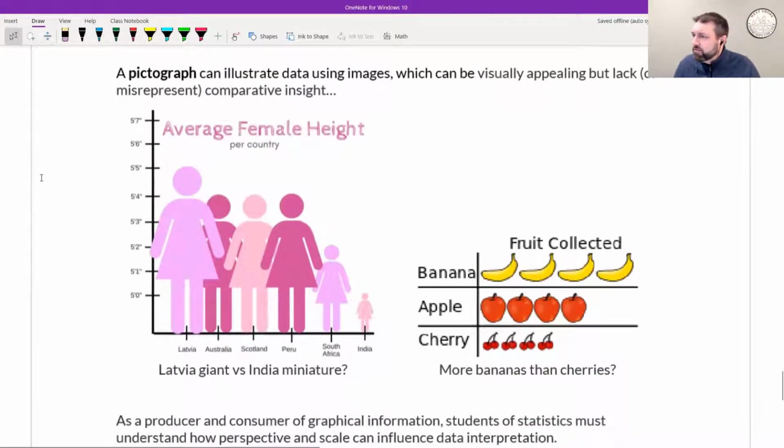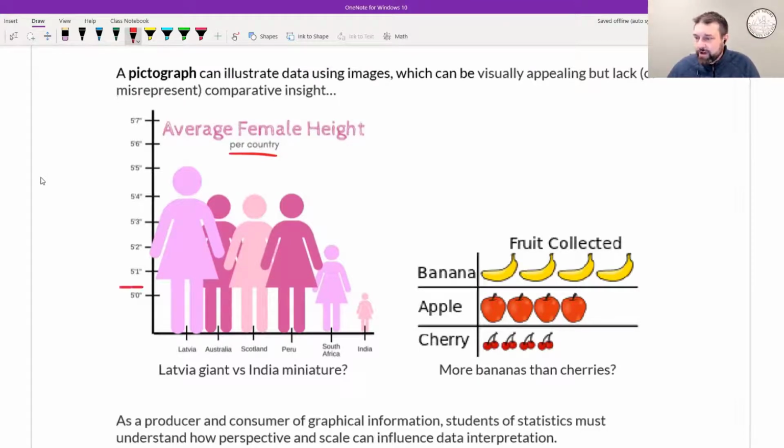Also be careful of pictographs that are incorrectly used. So here you have the average female height per country, and they're using the entire female from toes to head as the icon. But it doesn't match the scale, right?